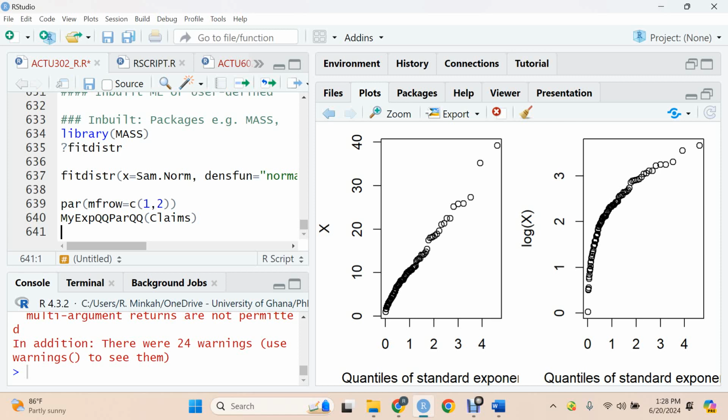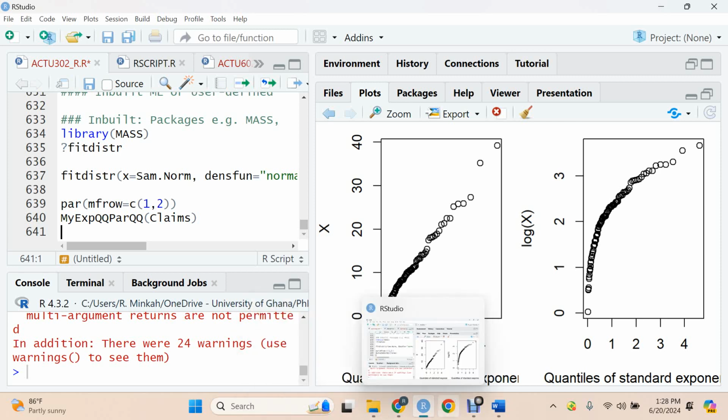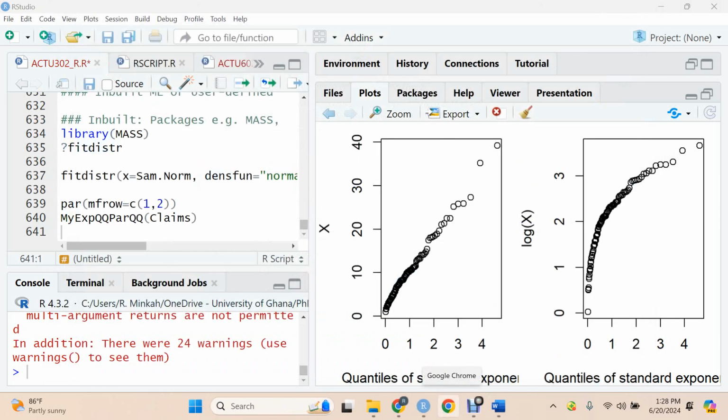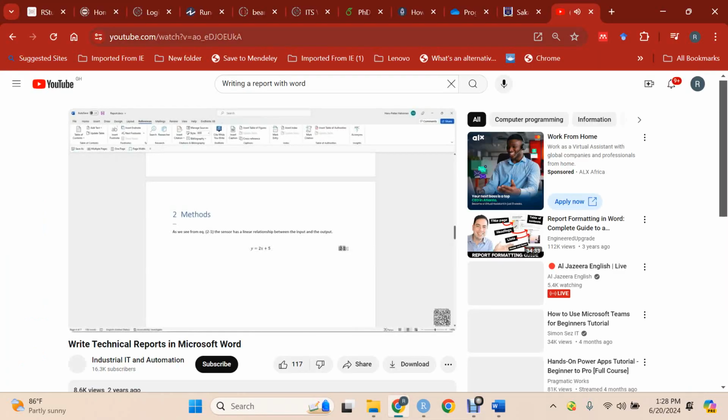Okay, so I'm going to send you a video on it which will help you. The histogram, please print it and bring it.